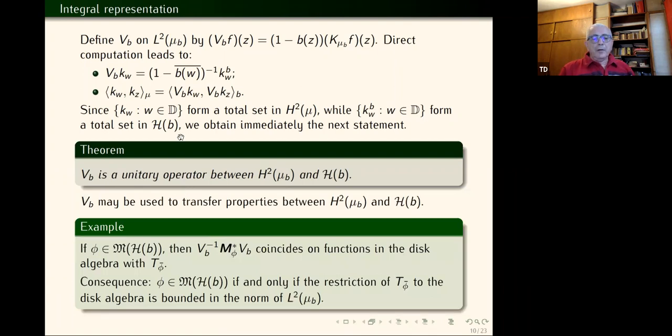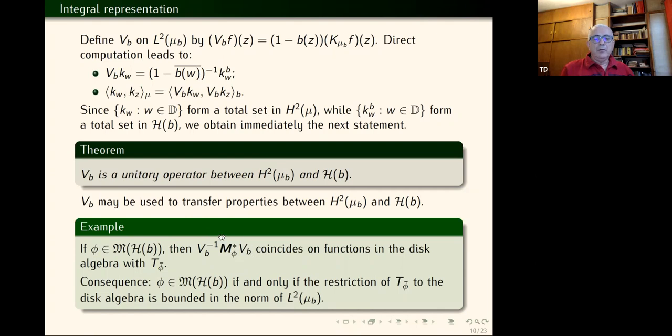For instance, I give you an example. If we take a multiplier M in M(H(B)), then one can show that if we go through V_B, the operator M_phi star acts on H(B).